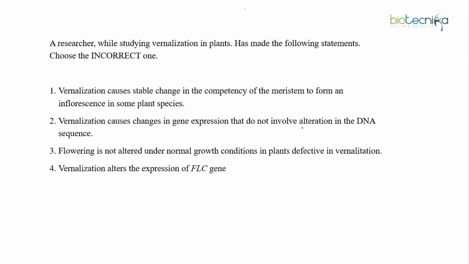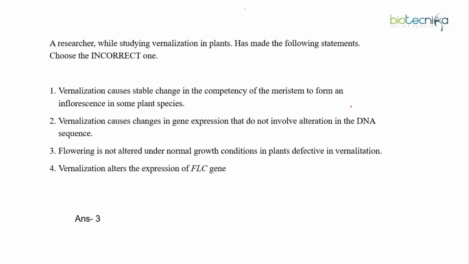Okay, now let's go into the statements. So the first statement is saying that vernalization causes stable change in the competency of the meristem to form an inflorescence in some plant species. Obviously, by the definition of vernalization, we understand that statement 1 is correct. Statement 2, vernalization causes changes in gene expression that do not involve alteration in DNA sequence.